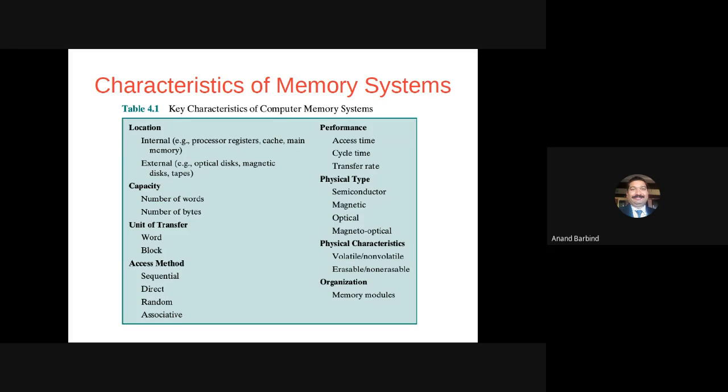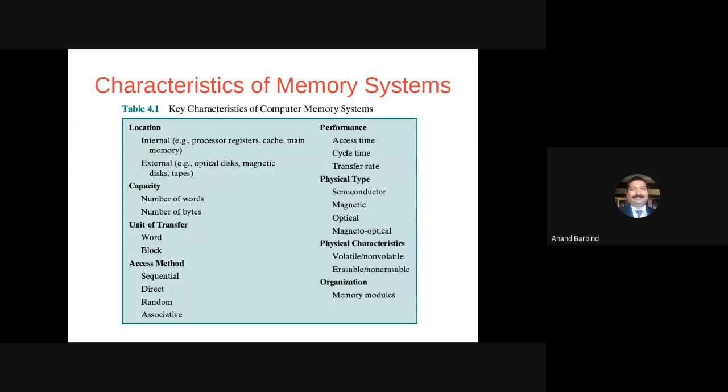So there are different types of memory depending on how the information is stored, where the information is stored, depending on the location, capacity, unit of transfer, how it is accessed, how is the performance, then the physical type and physical characteristics, and how it is organized.